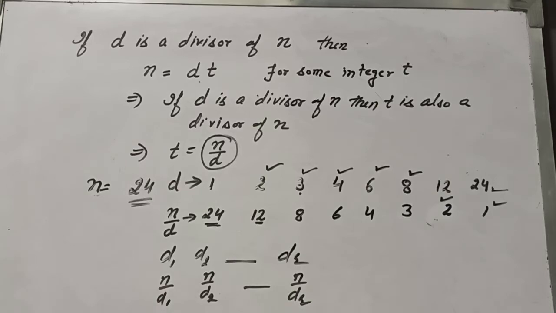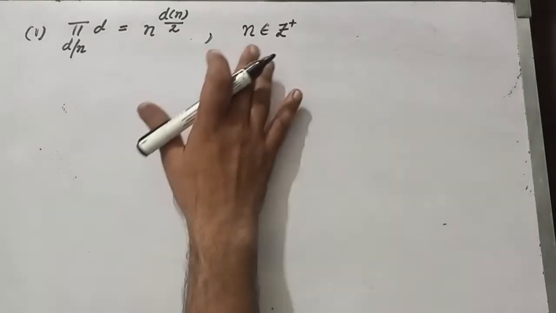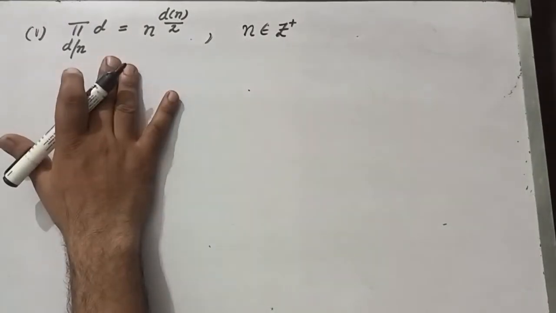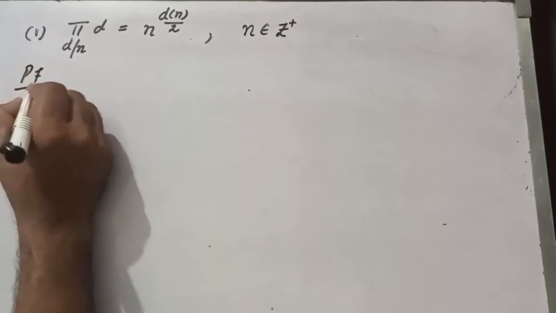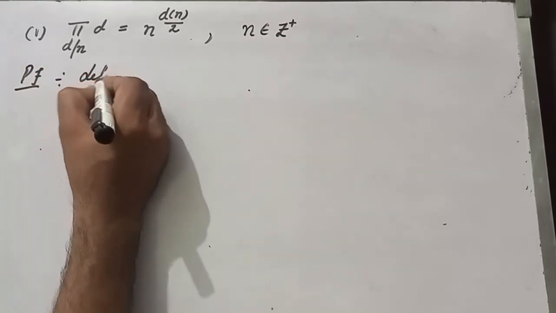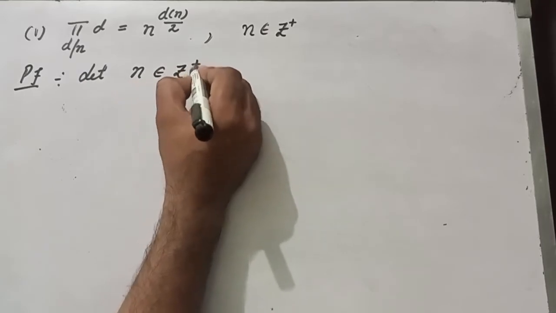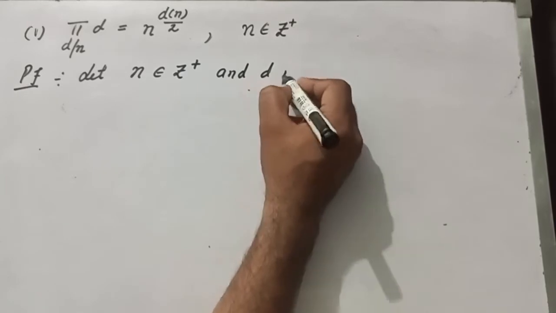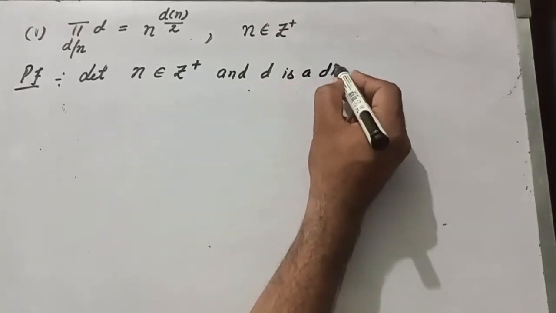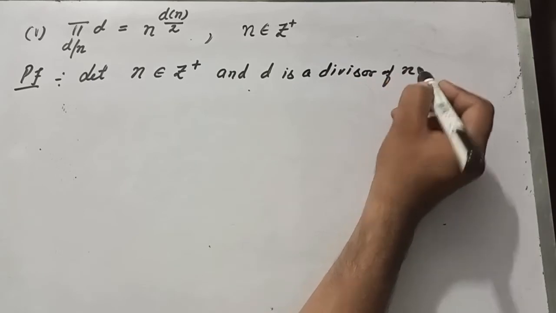Okay, so let's prove the first part. For a positive integer n, we have to establish this result. So let's start. Let n be a positive integer and d a divisor of n.